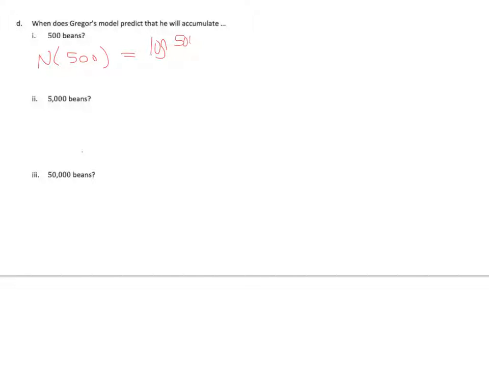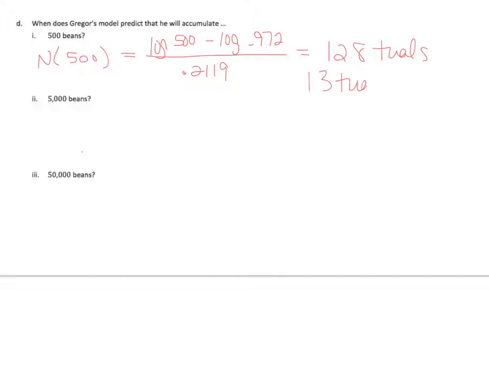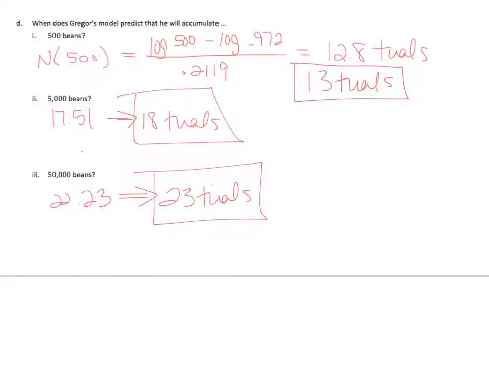I'm going to do the first one, and then I'm going to push pause and do each one after that, because this is just arithmetic. Plug everything in, make sure you keep your parentheses separate to do order of operations correctly, and I got 12.8 trials, which really, so I've got 13 trials to get to 500. And now I'm going to push pause and do the next two. Coming back to you. All right, for 5,000 beans, we have 18 trials, and for 50,000 beans, 23 trials.